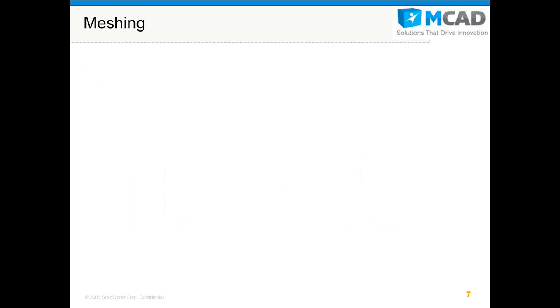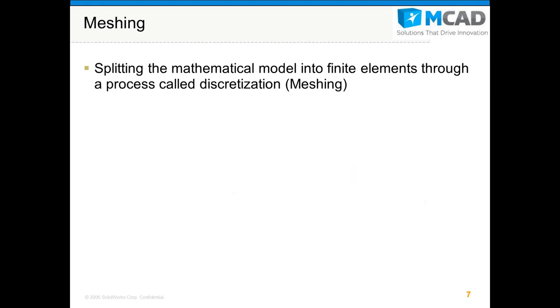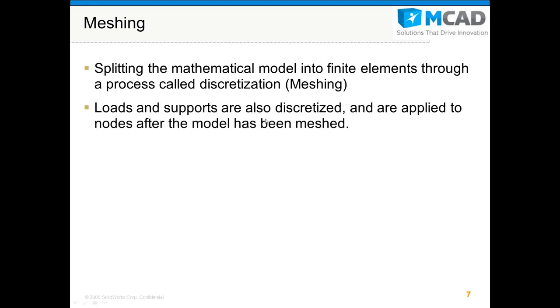So the next step in the process after you build that mathematical model would be to set up the mesh. So what is a mesh? Mesh is basically the process of splitting it into very fine elements, so finite elements, through a process called discretization or meshing. And also, your loads and supports in the model are also applied to that mesh.